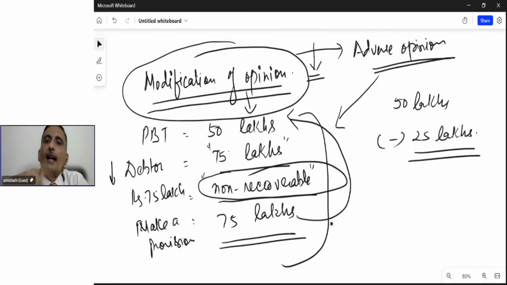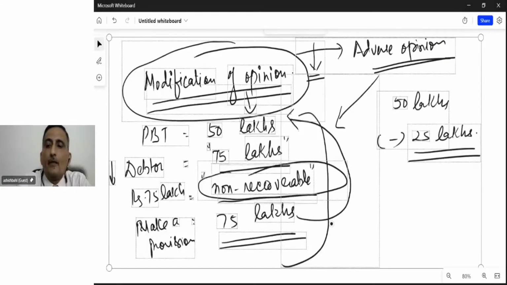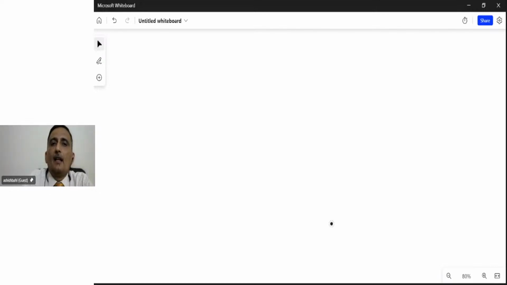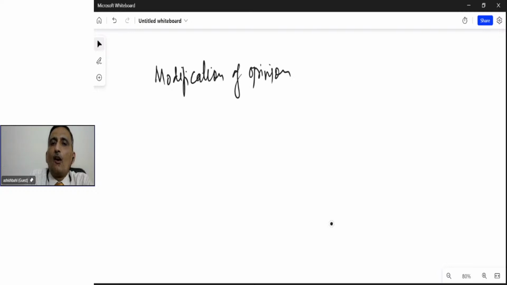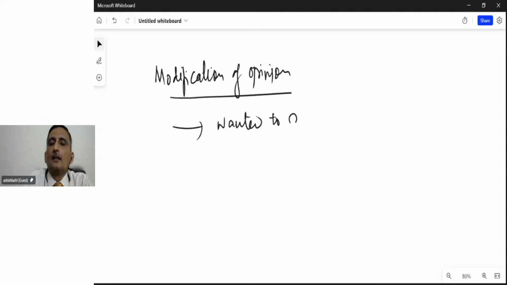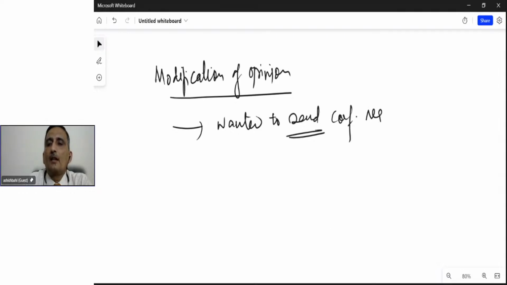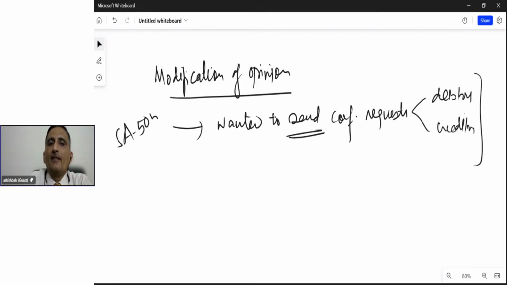clear? And say, let us take another example. Now say, say the auditor of the company, as an auditor of the company, you wanted to send say confirmation request to debtors and creditors. Say you wanted. These are the very important audit procedures to be applied by you in accordance with SA 505.